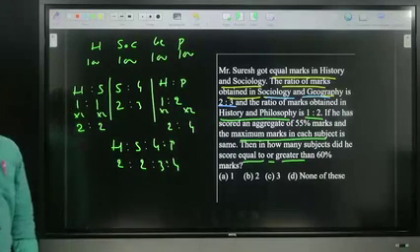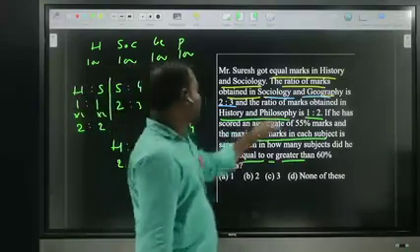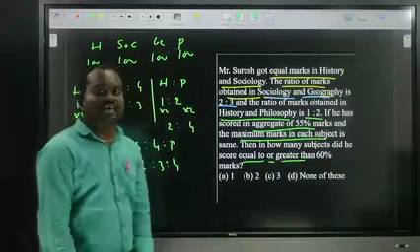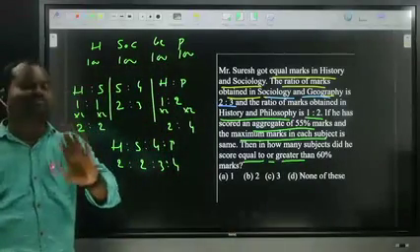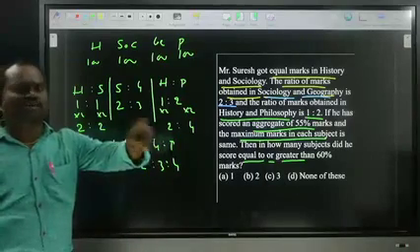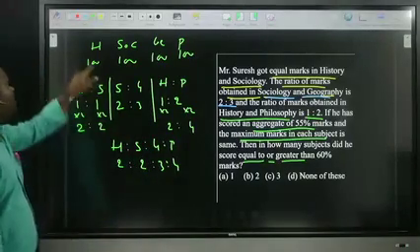Now we know that he has scored an aggregate of how much percent? 55%. Entirely his score is 55 percent. Overall the examination is conducted for how many marks? Every subject is for 100 marks.